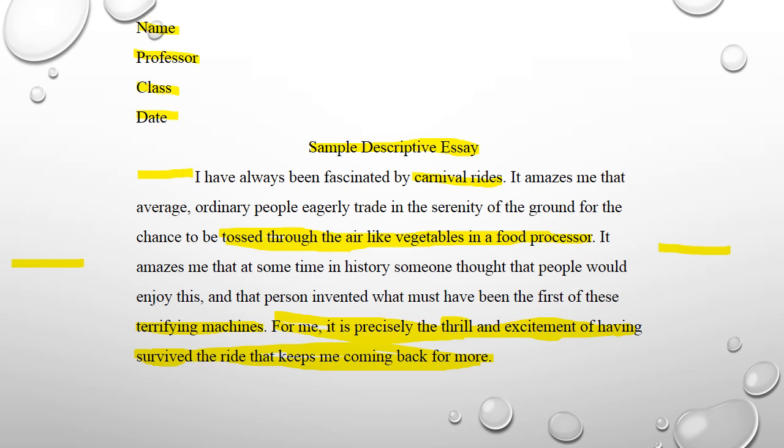Now, I don't know if any of you cook, but obviously people can't be tossed in the air like vegetables in a food processor, but if they were, we'd know what it looked like because we have our imagery here, right? And it says that the person that invented this must have been the first of these terrifying machines, right?